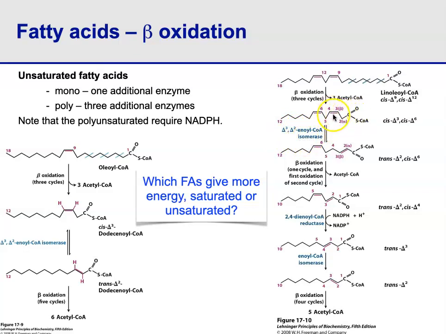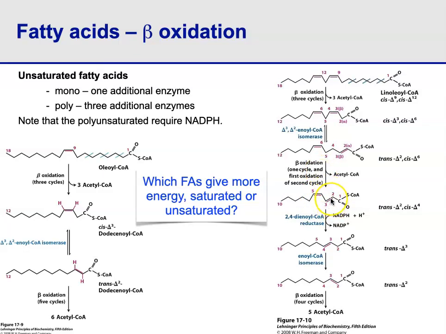This double bond now is shifted and converted into trans delta 2. Then beta oxidation continues until we reach the second double bond, and then we end up with this structure where we have a trans delta 2 that is followed by a cis delta 4.